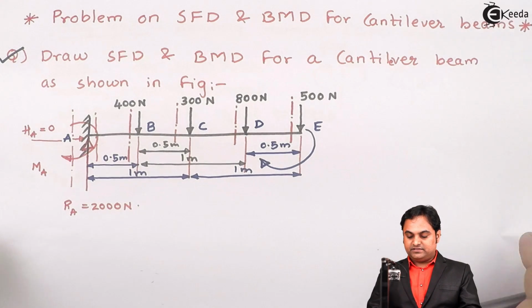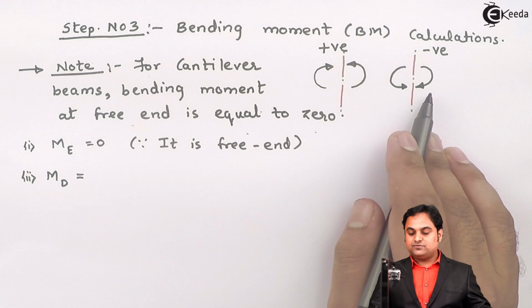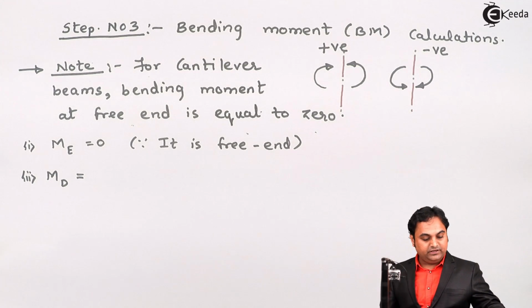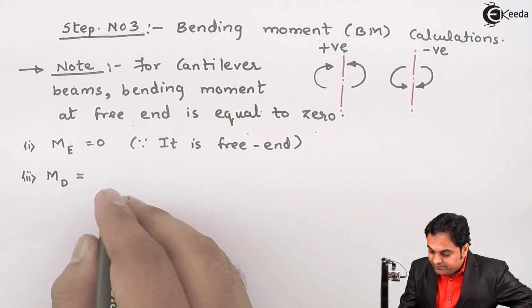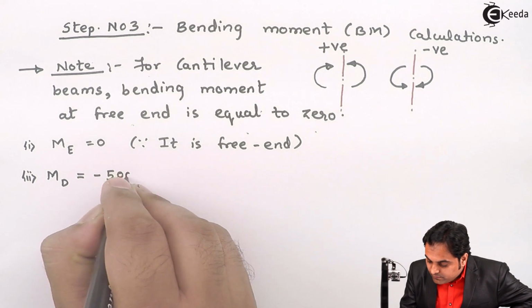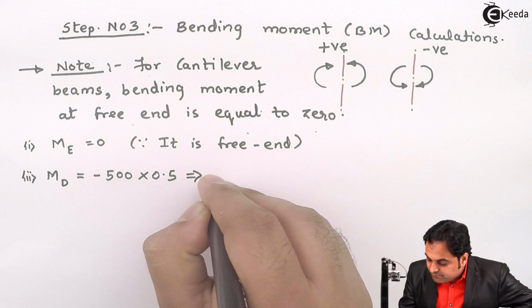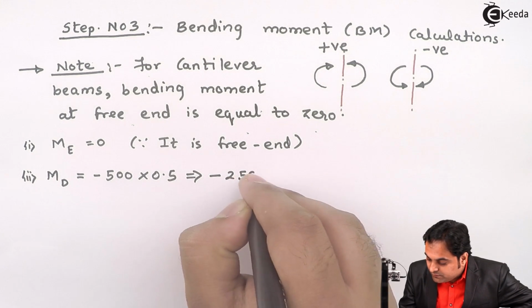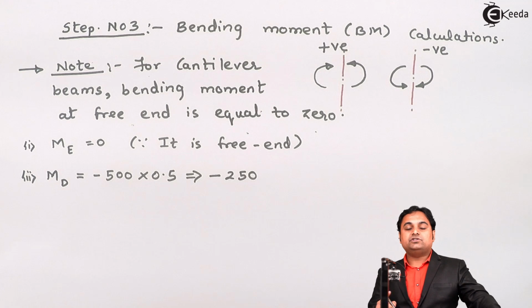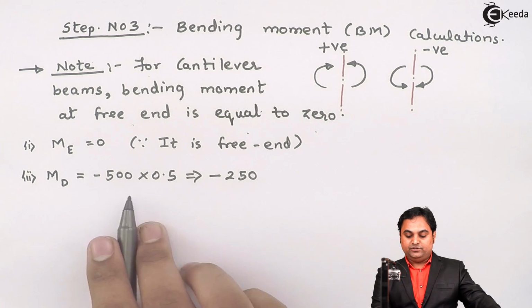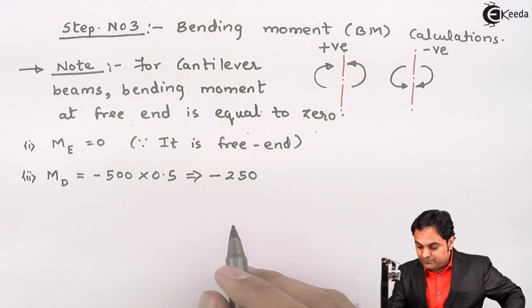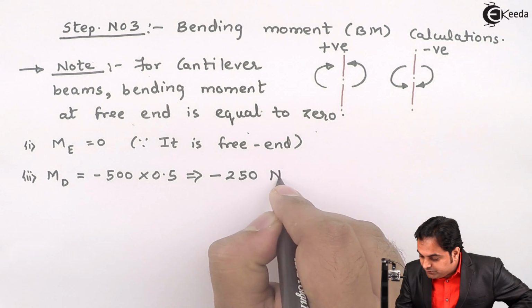So here, by the sign convention, clockwise moment on right hand side is negative, so that will be minus 500 into 0.5, which is minus 250, and the unit is force into distance, because that is moment. So force is Newton, distance is meter, so unit is Newton into meter.